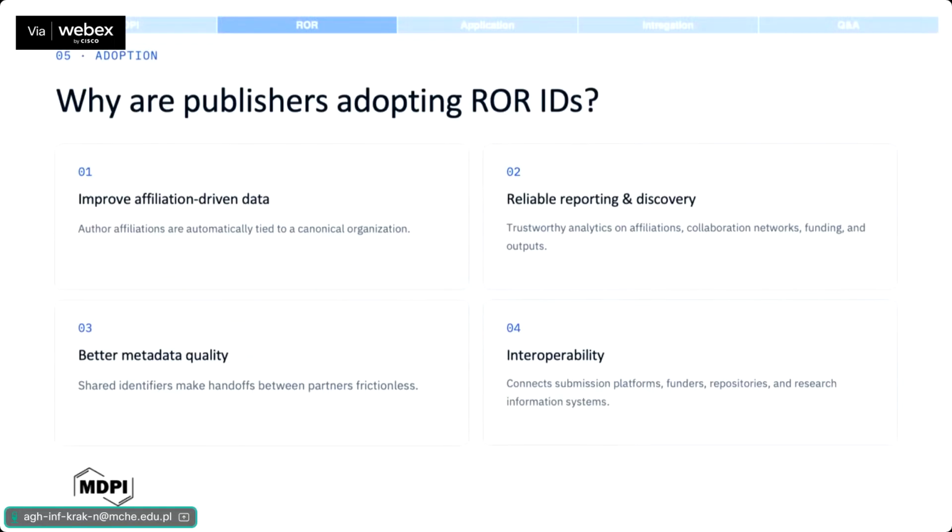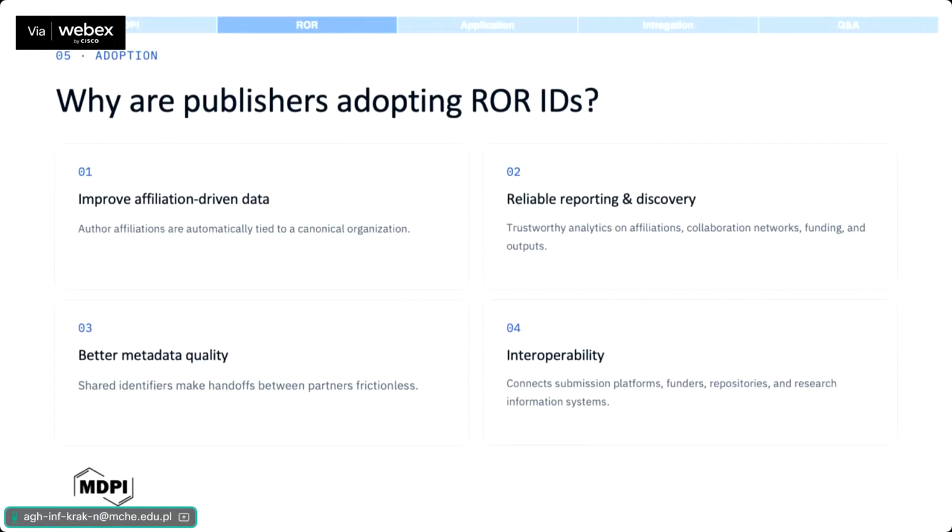So we can create reliable reporting, such as answering simple questions on who is publishing at MDPI. Is this institution publishing more with MDPI, or has it been fading away in the past year? This is quite relevant information for multiple teams at MDPI. There is also better metadata quality.